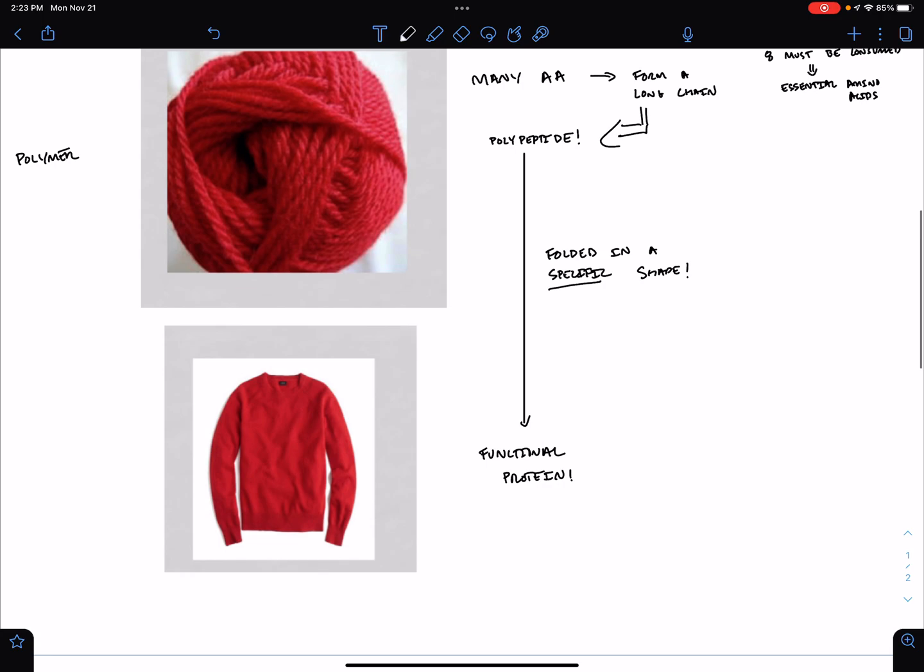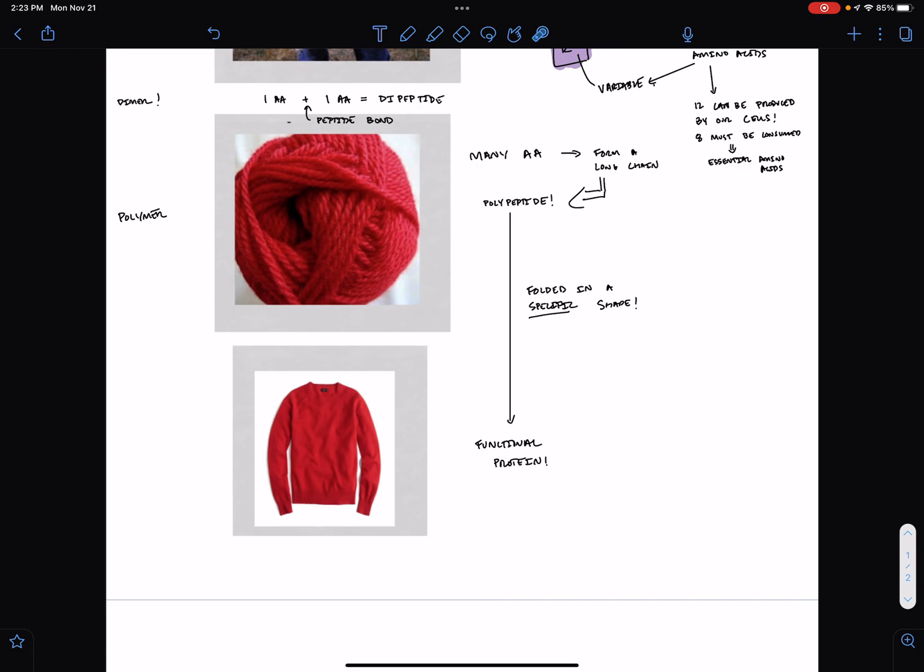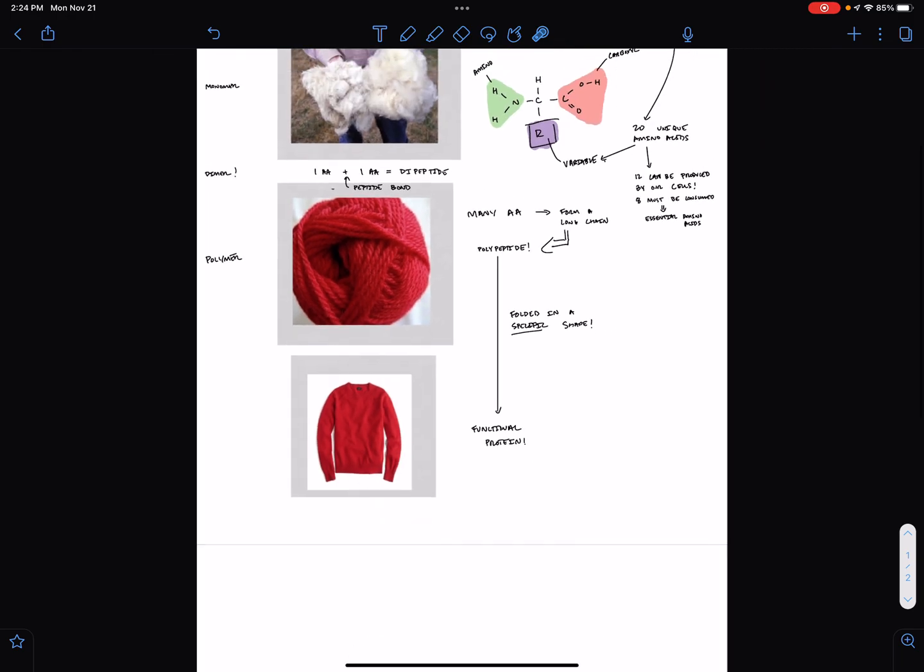But this folding is really important. If you just folded this ball of yarn into a random shape, it's not going to be a sweater, and it's not going to perform the function that a sweater performs as well as a sweater does. So that's a super important takeaway here, that a polypeptide, which is a long chain of amino acids, has to be folded into a very specific shape in order to become a functional protein. And we're going to spend like a week talking about this process, how we go from a single amino acid to a polypeptide and then actually to a functional protein.